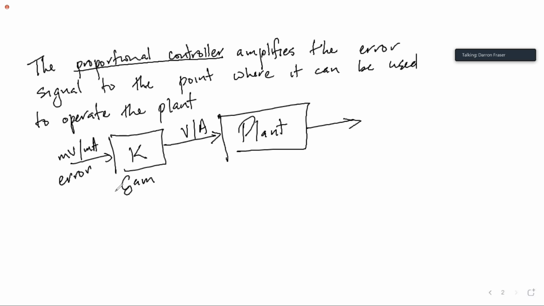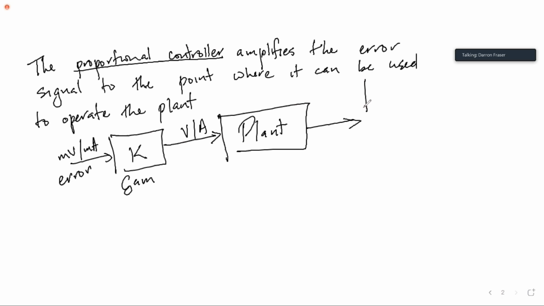Now, the thing that you are going to be concerned with in your proportional controller is what value of k are you going to use? What value of gain are you going to use that will essentially operate the plant properly? You don't want to put the value of k so high that the output becomes uncontrollable, so it's going to fly past the target.